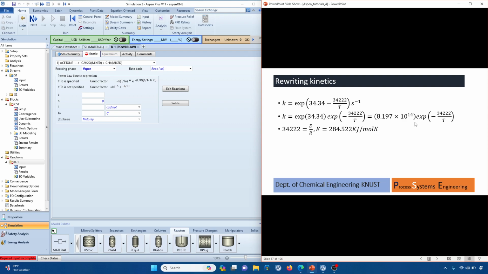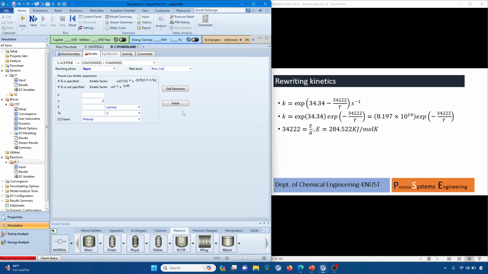And when we compare this side of the equation to what we have here for the kinetic factor, we can see that the small k is 8.197 times 10 to the power 40, and the other term is the exponential function e to the power of minus E over RT.